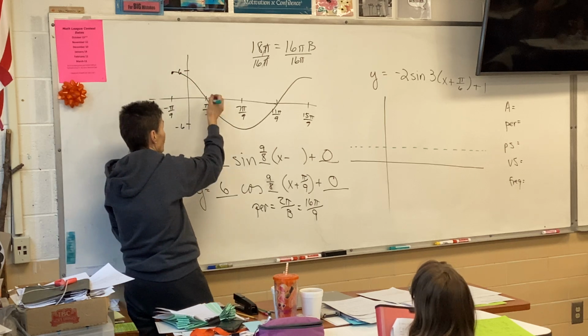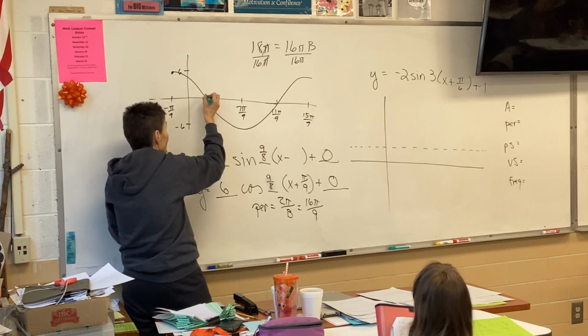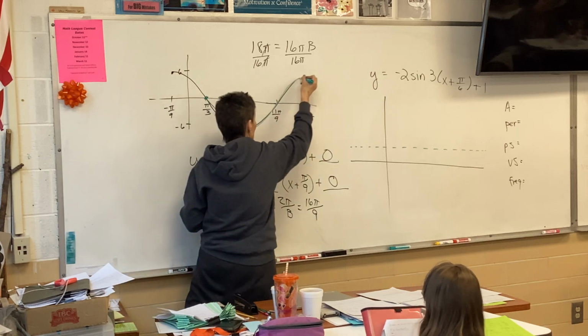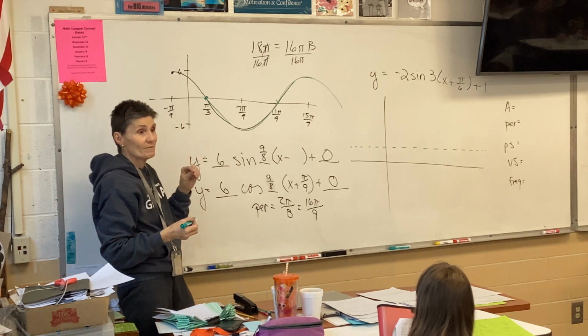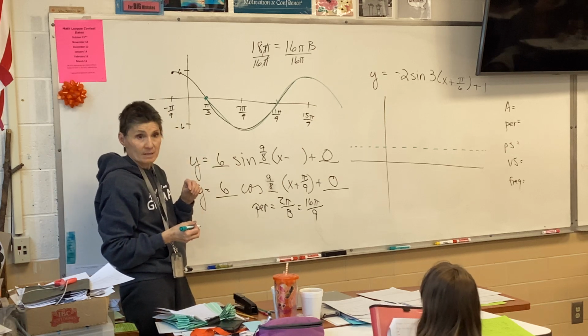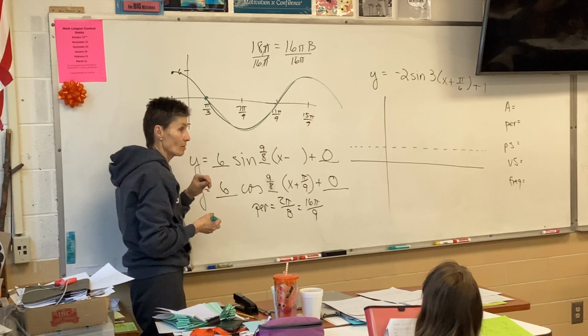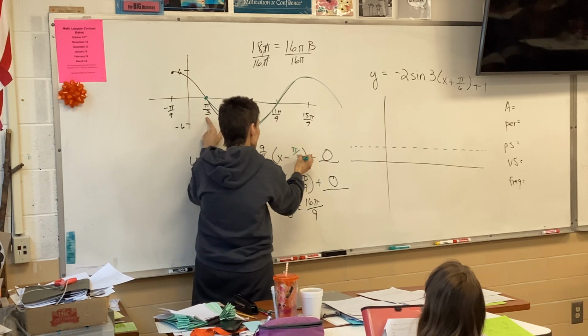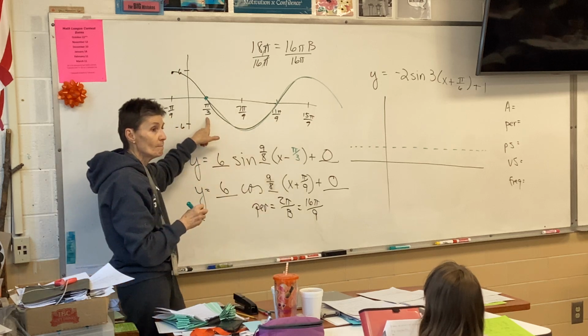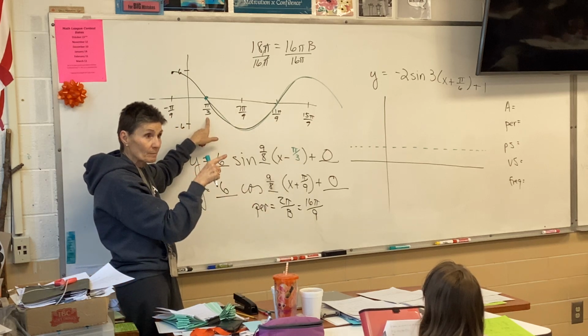I start looking somewhere like right here. Is this a picture? I have to extend it, but that's okay. Is that a picture of a sine curve? Yes. And where is it starting? Pi/3. So this is going to be x minus pi/3 because I went right.